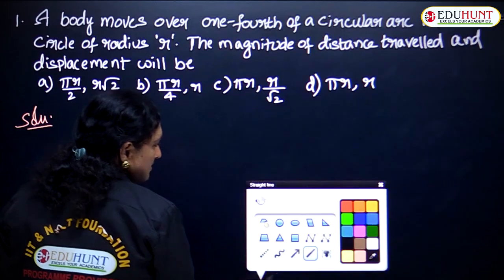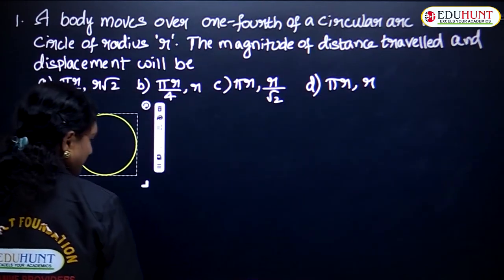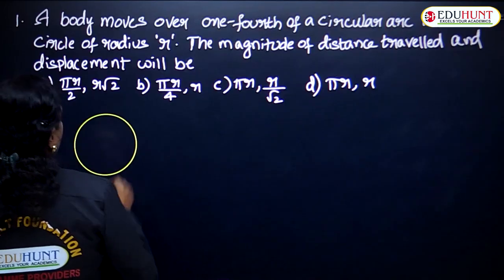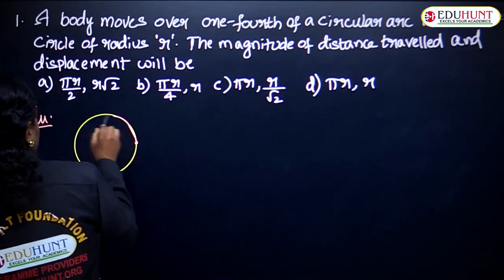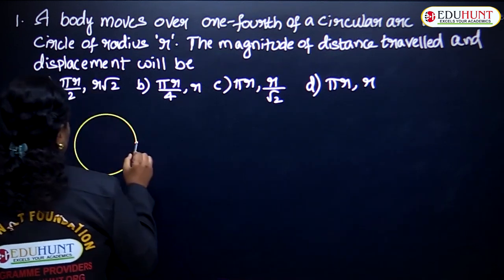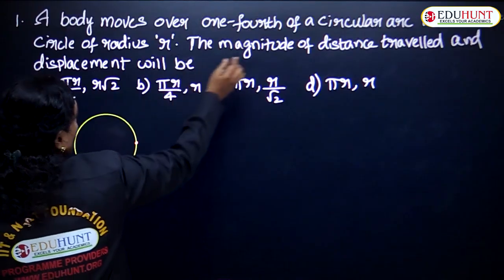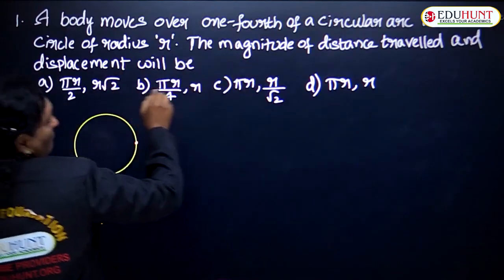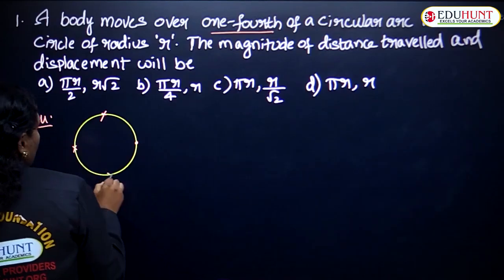So what is given, children, here? A circle was given. In the circle, a body moves over 1/4. See here, this indicates a full circle, whereas this indicates a half circle. 1/4 of a circle means it is divided into 4 parts.